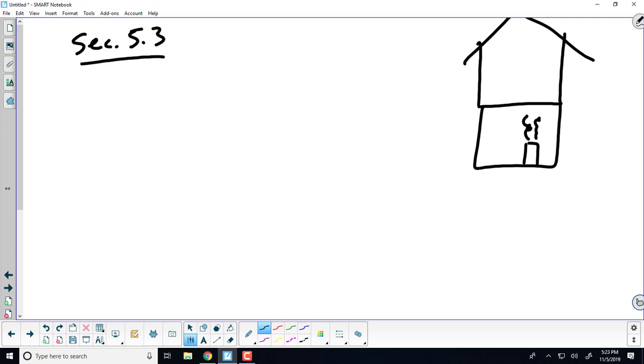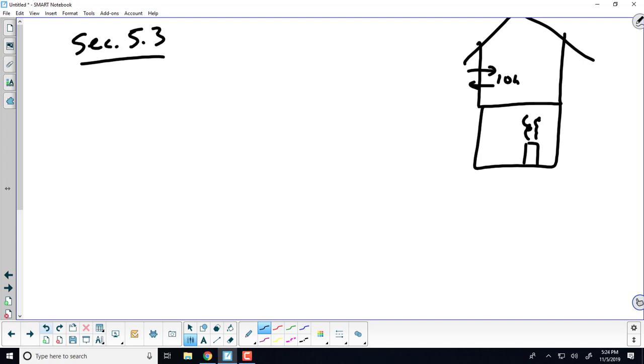Let's suppose this house is insulated in such a way that if you were able to isolate the top floor and the outside, it would take 10 hours. Let me draw it the same way the author does. It would take 10 hours for the upstairs to reach the same as the outside temperature.